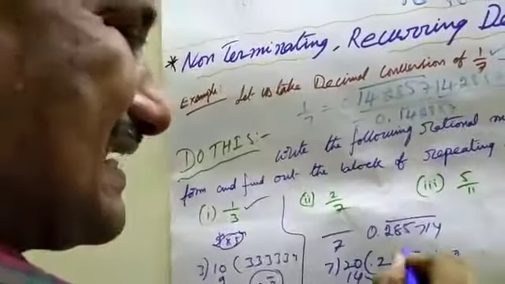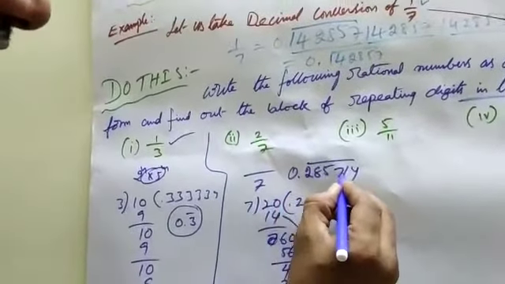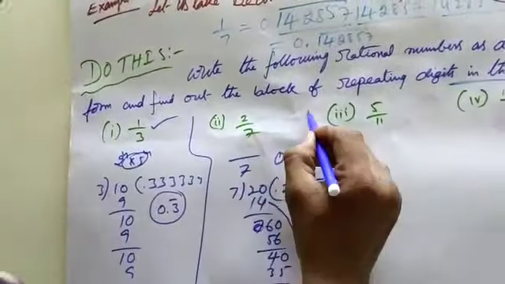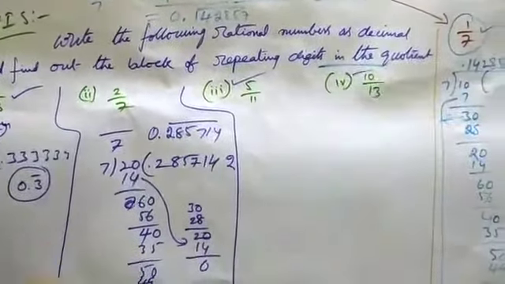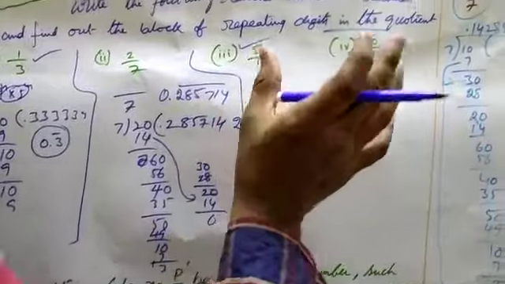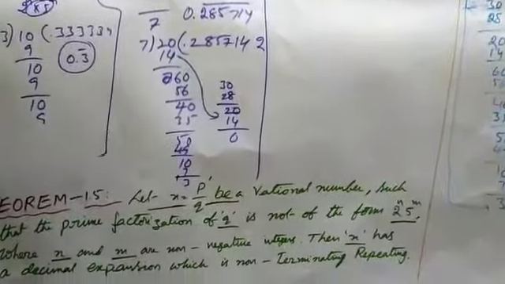The 6 digits are repeated: 0.285714 285714 285714 and so on. That means the short form is 0.285714 bar. The remaining 2 are your part, that is homework. I think you can do it, otherwise I will explain in the next class.